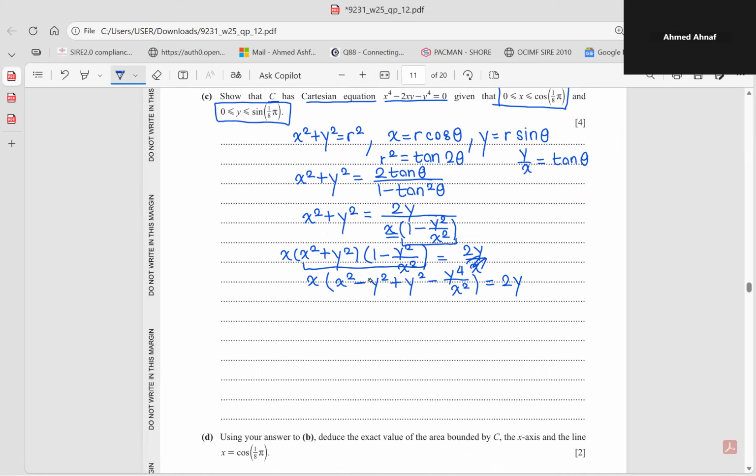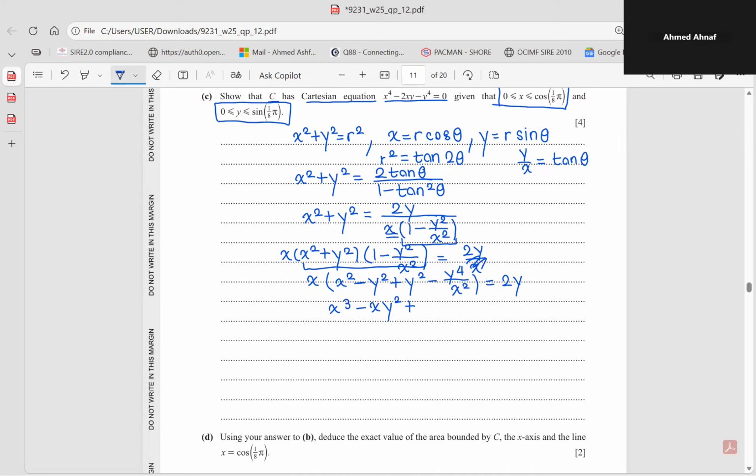Okay, so multiply everything by x on the left hand side, so you get x cubed. Wait, yeah, x cubed, I believe. You get x cubed minus x y squared plus... wait, what y squared?